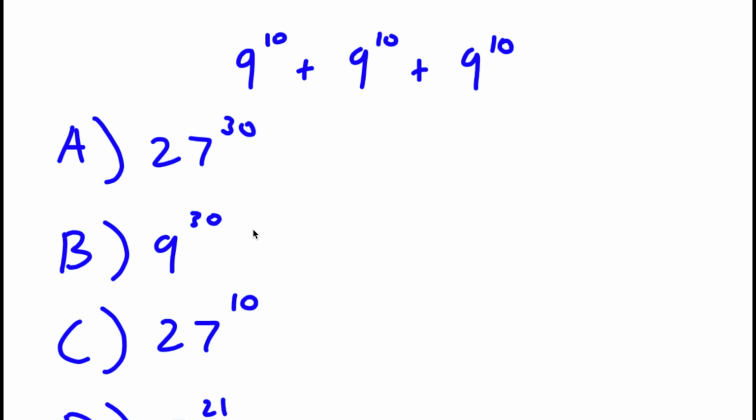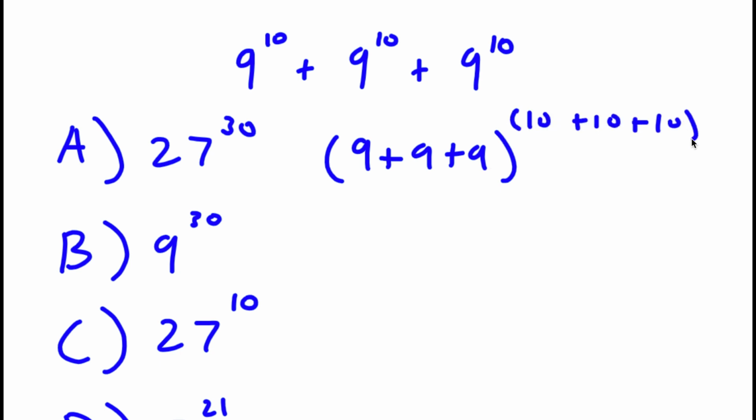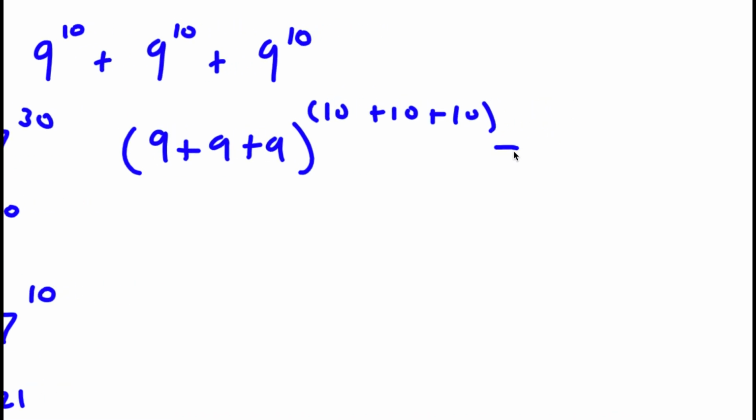So let's go ahead and test out each of the methods used to solve these problems and figure out which one is right. For 27 to the power of 30, how you obtain this solution is you simply add all of the bases and the exponents. So the bases are all 9, so you do 9 plus 9 plus 9 to the power of, and the exponents are 10, so you do 10 plus 10 plus 10. 9 plus 9 plus 9 is the same thing as 9 times 3, which is 27, and 10 plus 10 plus 10 is the same thing as 10 times 3, which is 30.